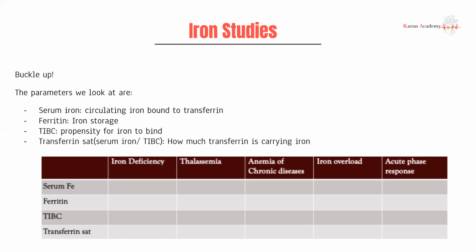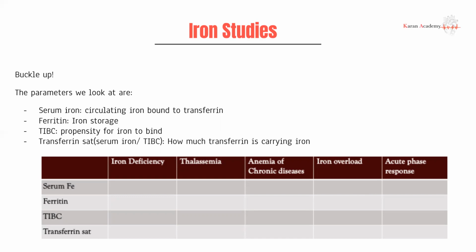Your total iron binding capacity is going to be the amount of iron that the buses can carry. And then your serum iron is going to be the people who, instead of catching the bus, just decided to walk the way to the hotel, as stupid as that sounds. And then transferrin saturation is the number of people on the bus.